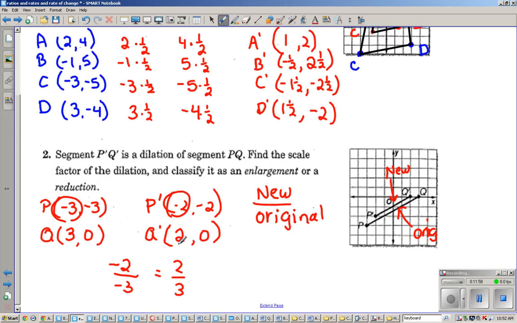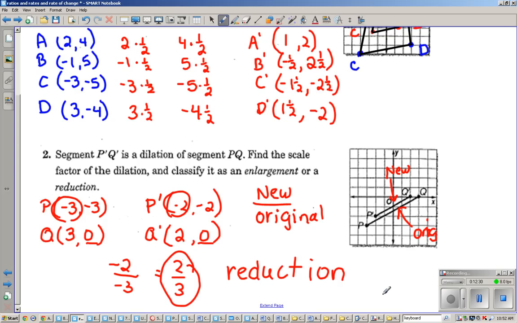Remember, it's always new over the original. And either time we come up with 2/3. Now you notice if I compared the y's of Q, it would be 0 over 0. If that happens, you need to pick another one of the coordinates to compare, because that's not giving you your rate or scale factor. So your scale factor is 2/3. And is it an enlargement or a reduction? It is a reduction.